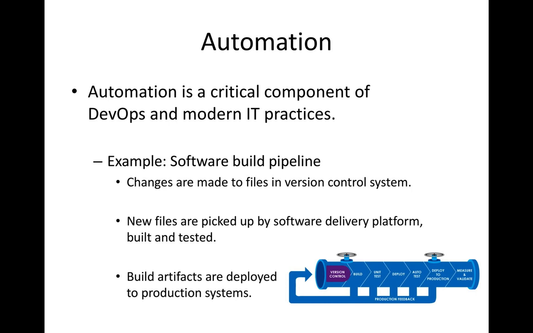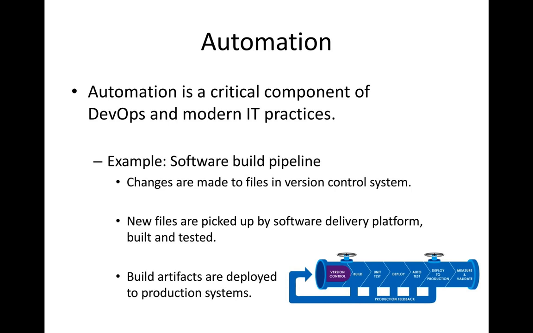Then a continuous integration server will automatically pick up those changes that were made to the repository and perform some sort of software build, unit testing, integration testing, possibly end-to-end testing, and ultimately the software pipeline will produce some sort of build artifacts.